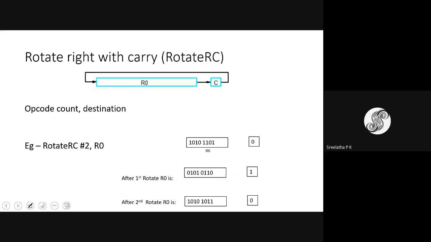Fine, this is the rotate right with carry instruction, rotate RC. Here you can see the bits are shifted by 1. This is the first shift of bits, and this is the second shifting of bits. This 1 which is there in the LSB is moved to the carry bit. 0 1 1 0 1 0 1.